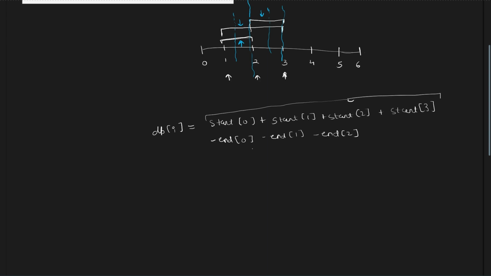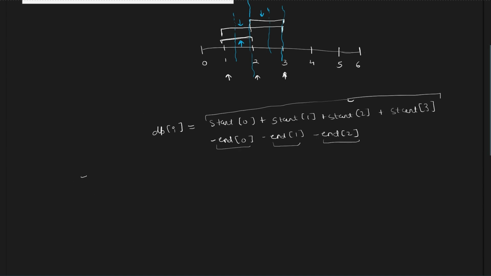But among those lines, there will be some lines that ended before even reaching the index 3, right? And those will be end of 0, end of 1 and end of 2, right? End of 0, 1, 2 denotes the lines that have ended at that particular index, right? So I have to remove these values from my answer. This is my idea.